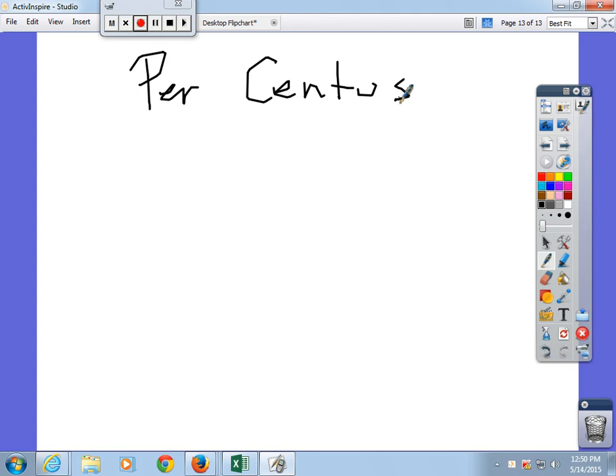Centipede, century, cent, as in penny. How many pennies are in a dollar? 100. So century, centipede, cent, centus means what? Okay?